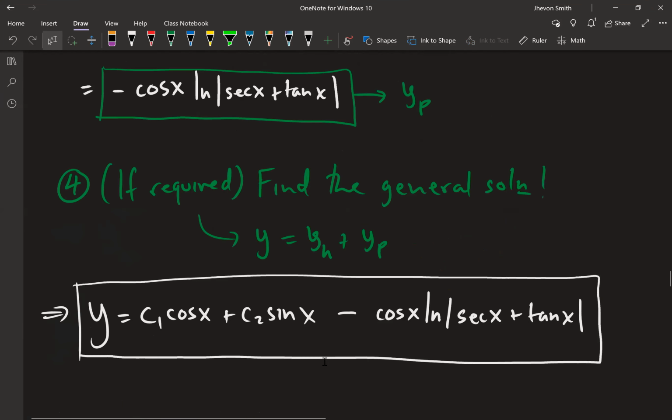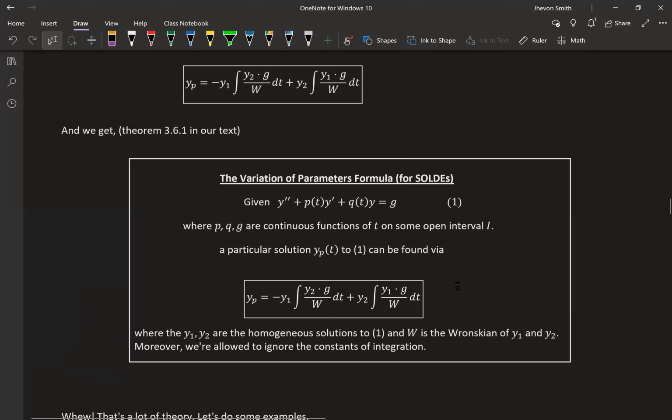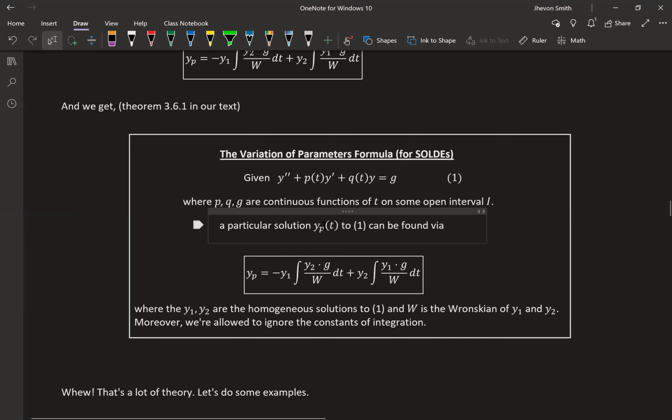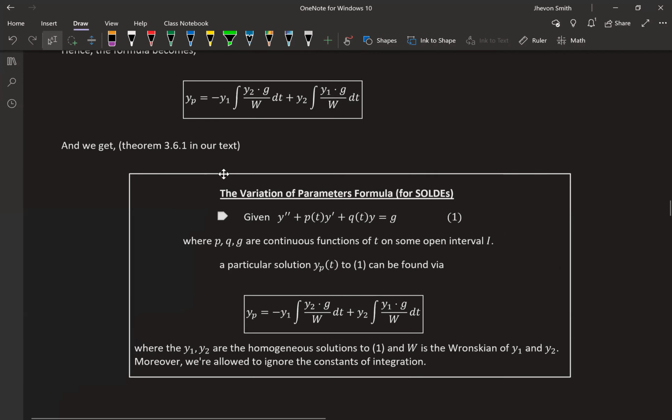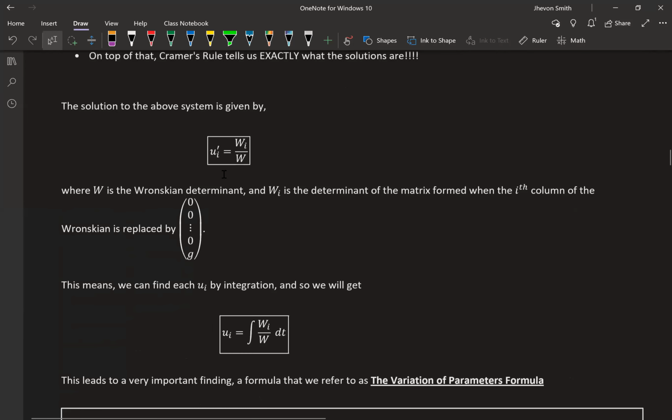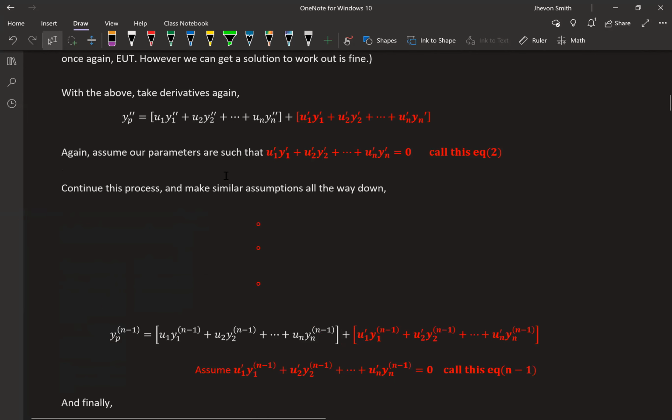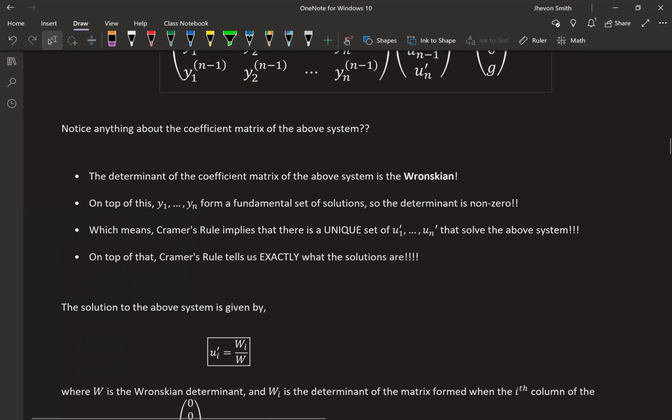That's the method. And of course, variation of parameters really focuses on the YP, but you knowing that you have to add the YH to the YP to get the general solution is something that you knew when we talked about facts about solutions to ODEs. So that's another thing that you put together. But yeah, that's variation of parameters. This is why it works. This is the linear algebra behind the method.